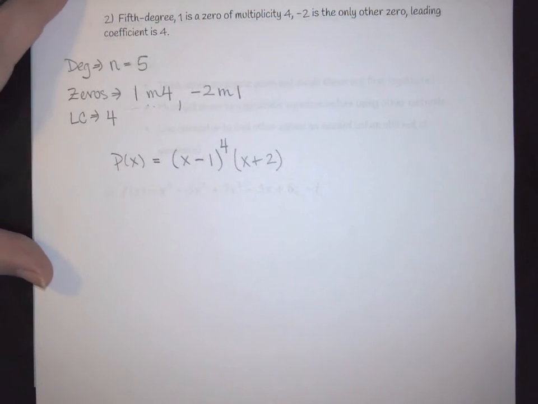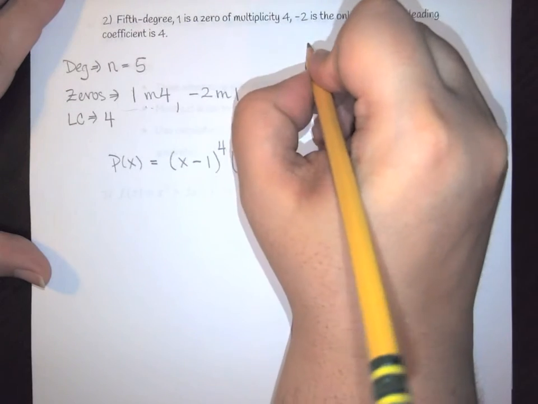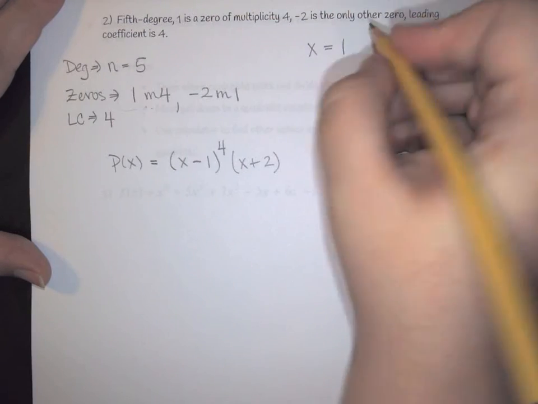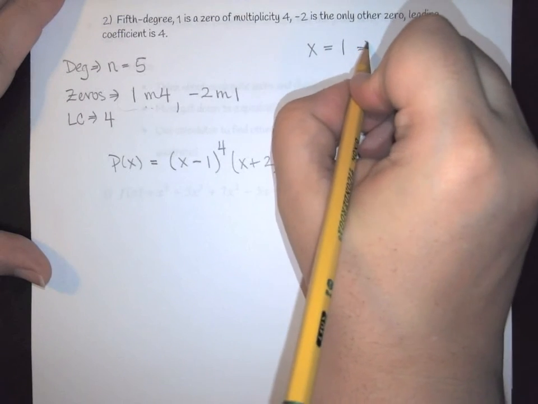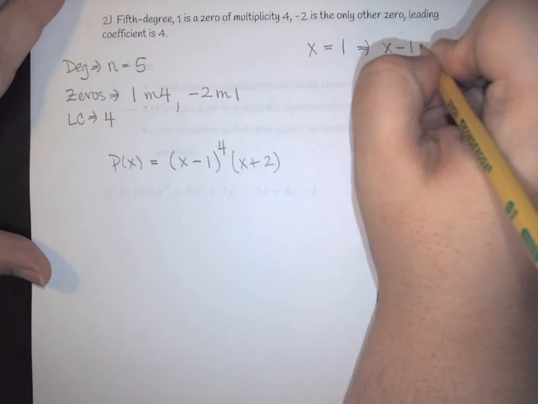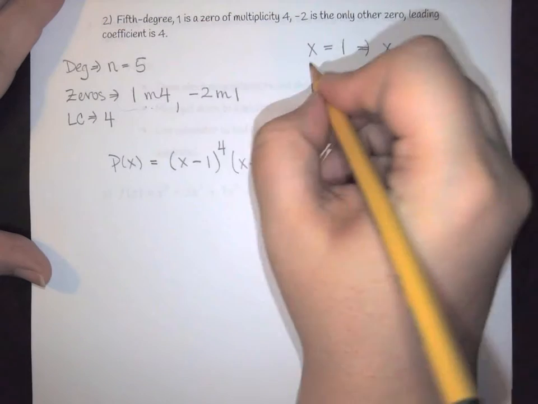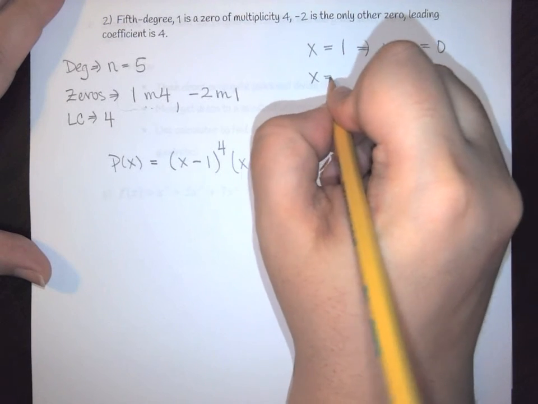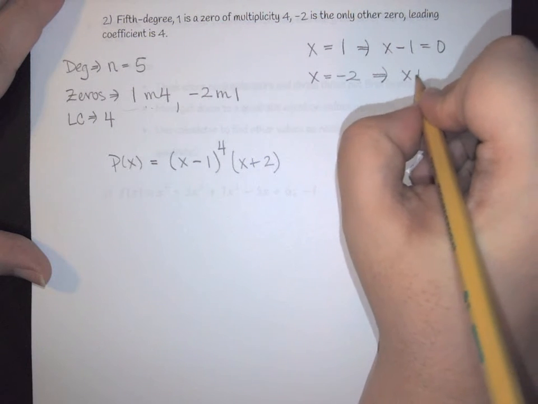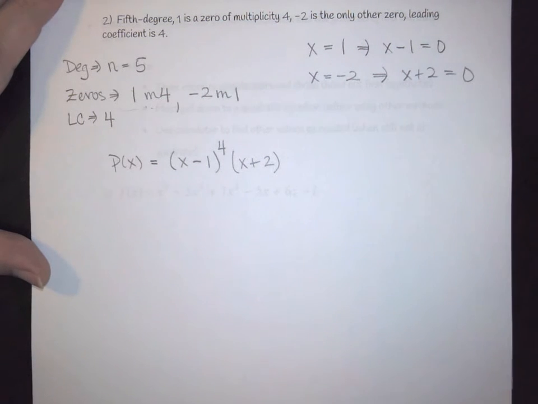So how did I come up with that? Well, remember, when we have a 0, we're saying that x equals that value. To turn it into a 0 simply says we need to go backwards. So here we're going to have x minus 1 equals 0. Again, the same. We have x equals negative 2. We need to turn it backwards, so x plus 2 equals 0.